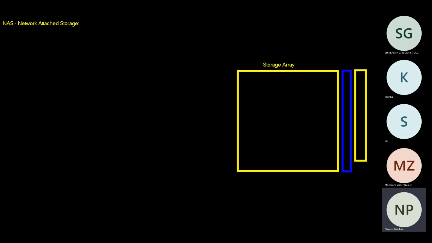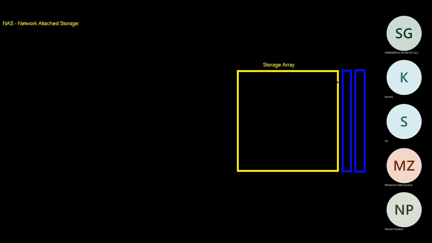I'm taking a two disk shelf example, but you can add as many shelves as you want, with some limitations based on the array model. We'll discuss those in later classes.